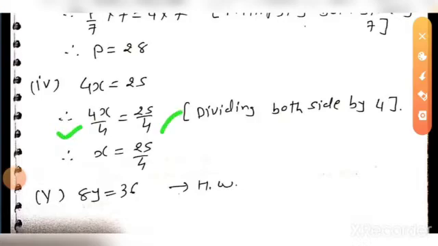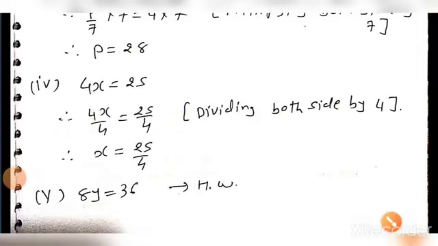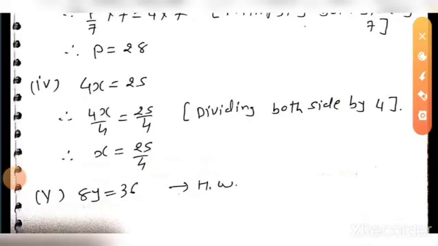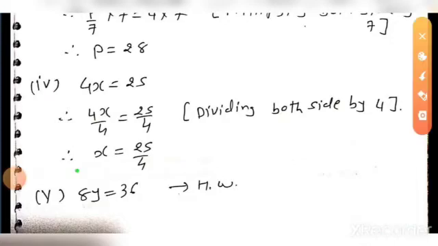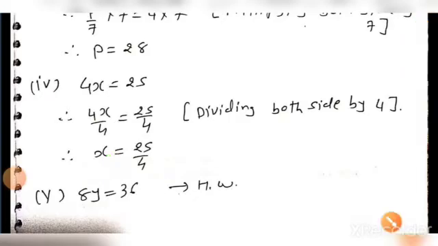So dividing both sides by 4, the 4 cancels, so I can find x here, and 25 by 4 is as it is. So our answer is x is equal to 25 by 4. In the next, 8y is equal to 36, that is in your homework.